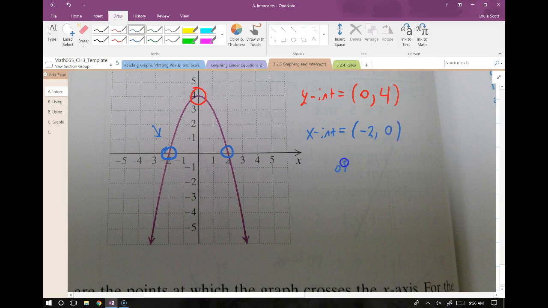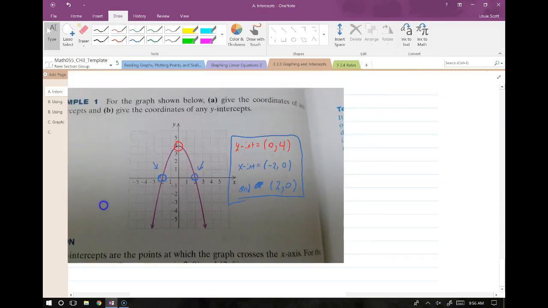Now we could say "or", but actually we should say "and", because they're both true. And the other one over here on this right side, my x-coordinate is 2, and my y-coordinate is 0. So this is the full list of x and y intercepts for this graph.